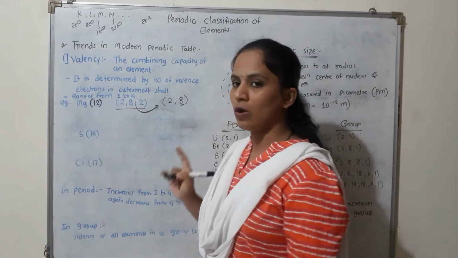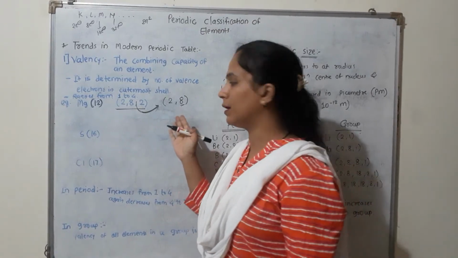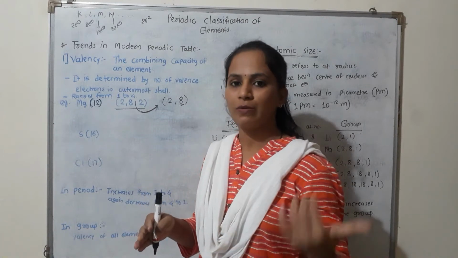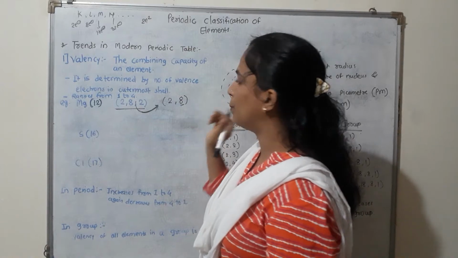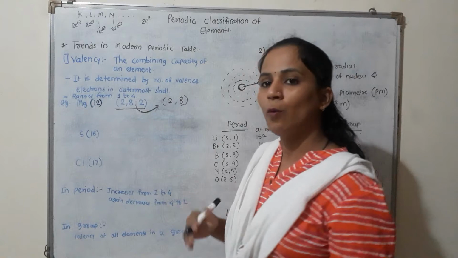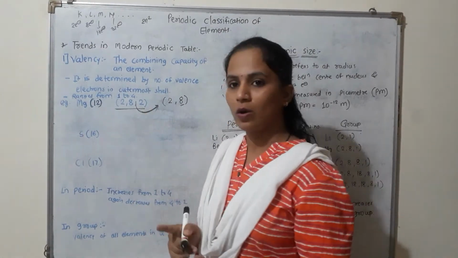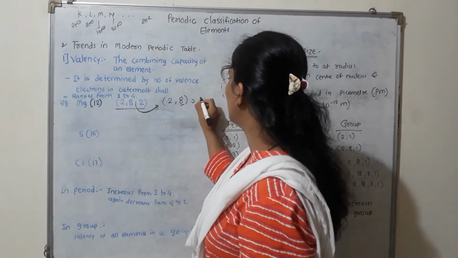Now 8 electrons are present in its outermost shell. Now it is stable, but it becomes stable in the form of ions. Ion formation you have also studied in previous standards. So it becomes Mg2 plus as it gives 2 electrons. How many electrons does magnesium give to become stable? 2 electrons. That's why the valency of magnesium is 2.